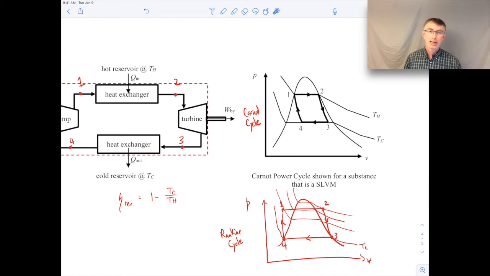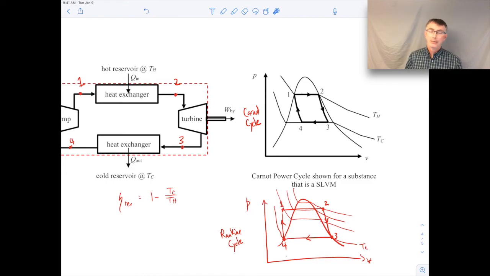So I want to make that clear: even though they're both reversible cycles, the Carnot cycle will have a higher thermal efficiency only because its TH is higher. The thermal reservoirs are not the same between the ideal Rankine cycle and the Carnot cycle.